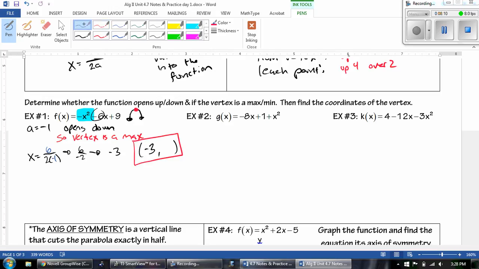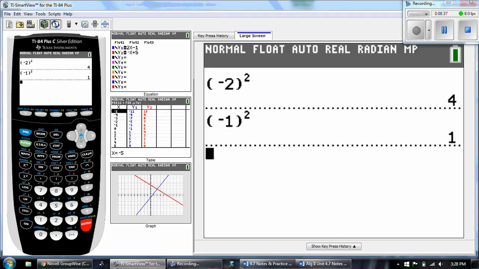So to figure out the y value, we're going to take our function and plug in -3. So I have -x² minus 6 times -3 plus 9, and we're plugging in this -3. For that, you can just plug everything into your calculator.